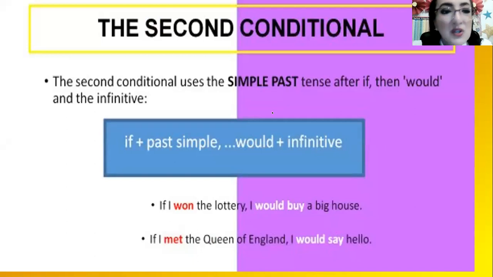As I told you, the second conditional is going to be making use of the simple past, and your result is going to be making use of will. Okay. If I won the lottery, my verb is in past. If I won the lottery, I will buy a house. If I met the Queen of England, I will say hello.